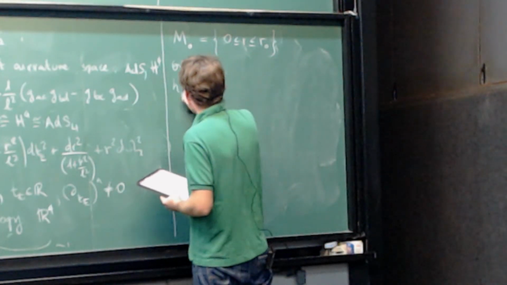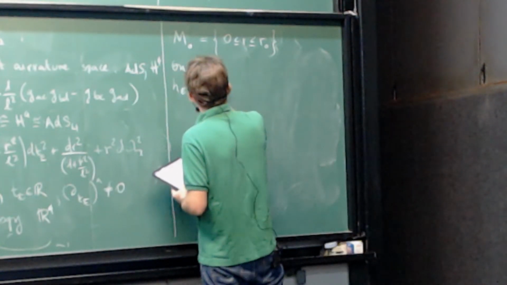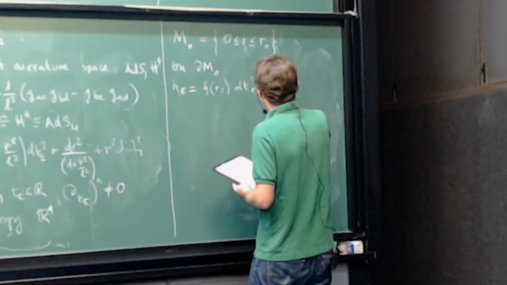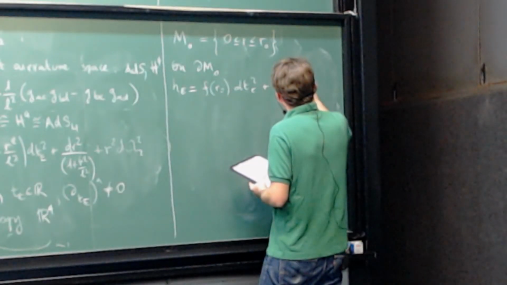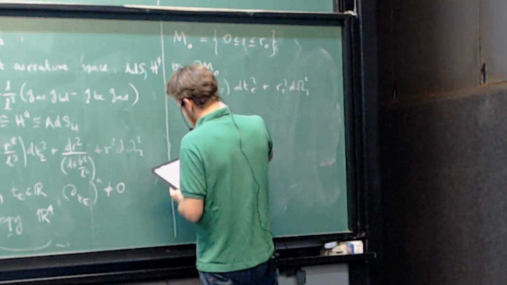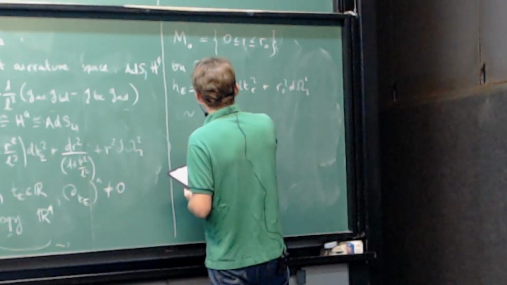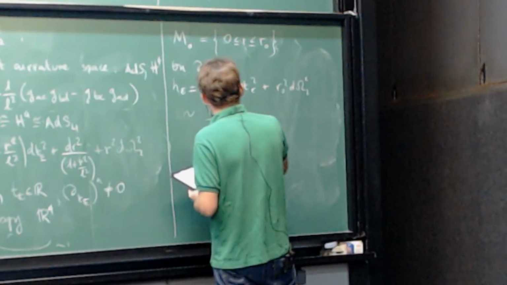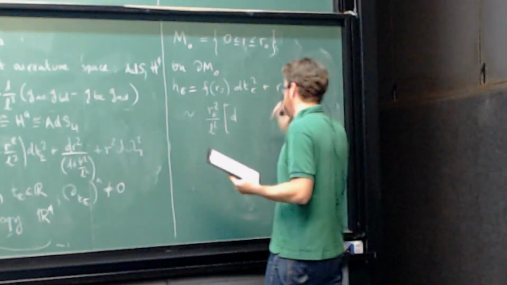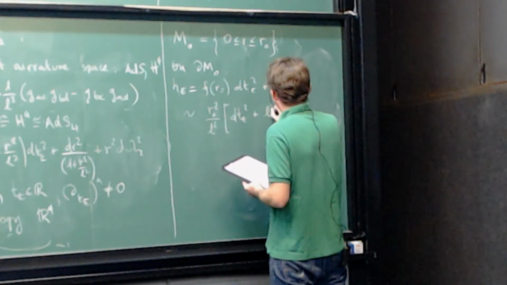I have an induced metric, which is F. And near the boundary, sorry, if I go for large R0, that's what I mean by near the boundary, this looks like plus L squared.